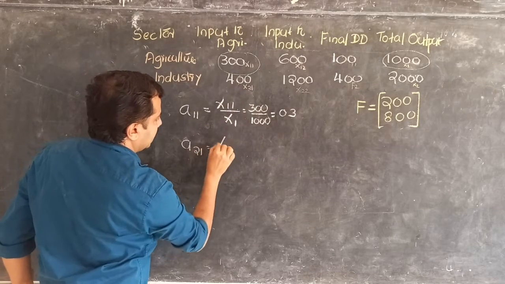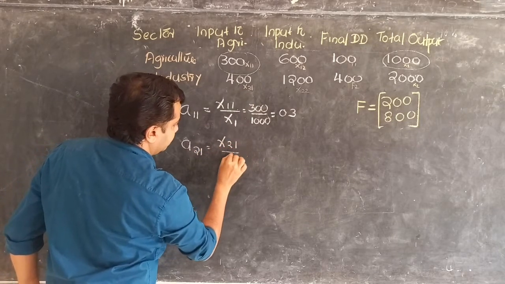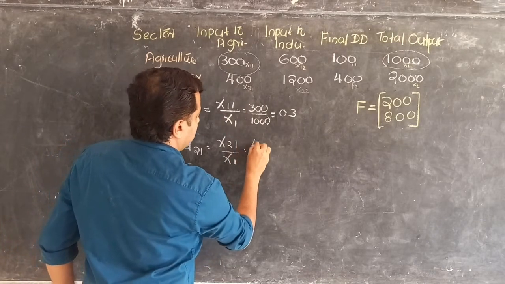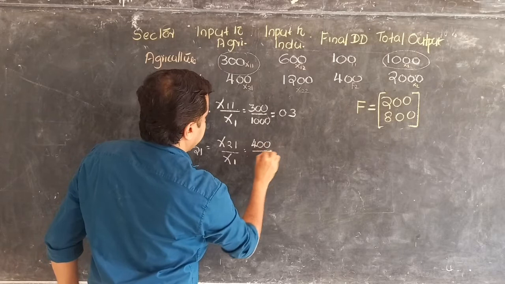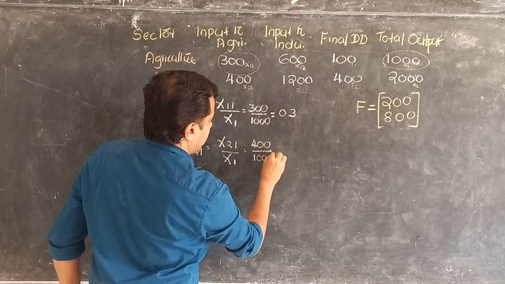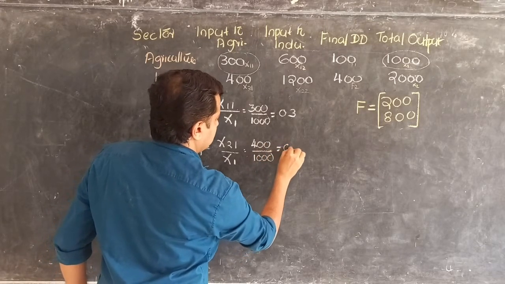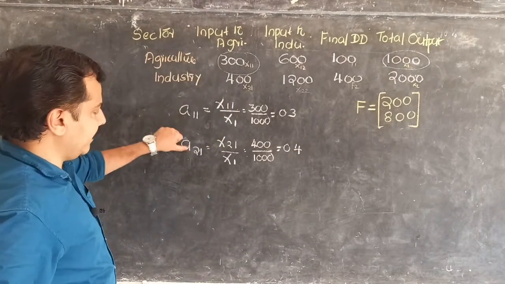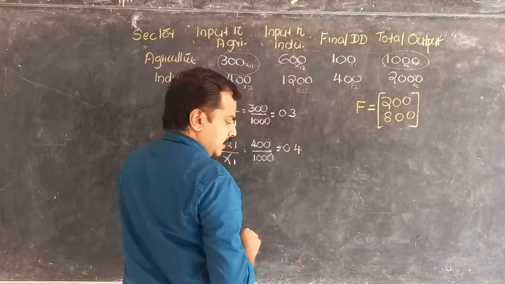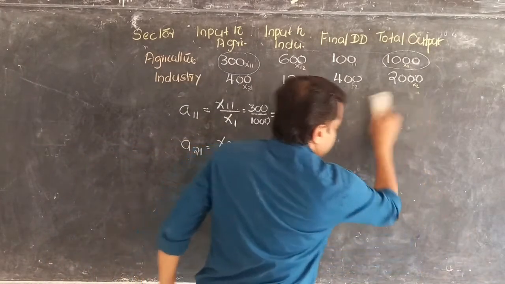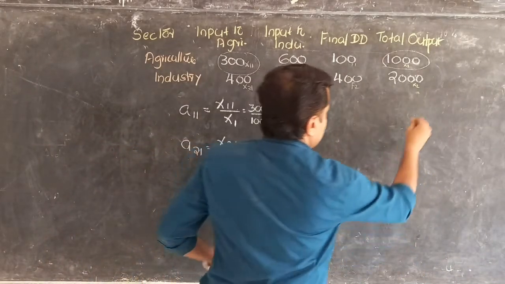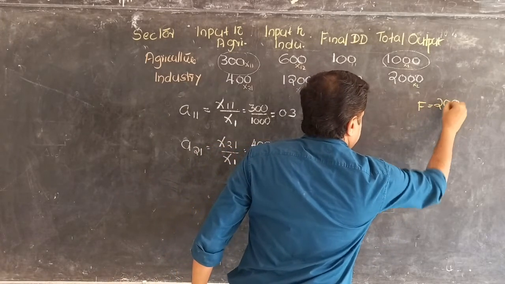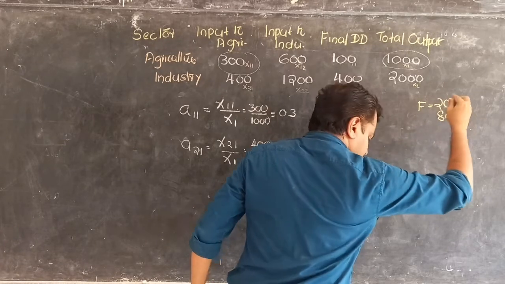A21 is nothing but x21 by x1, which is 400 by 1000, equal to 0.4. So I have A11 and A21. My task is to calculate with F equals 200, 800.